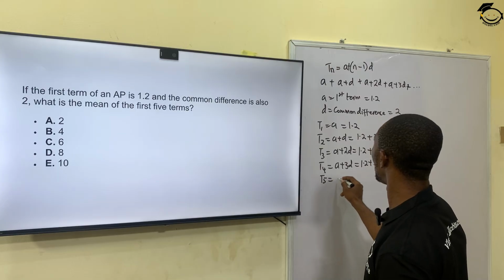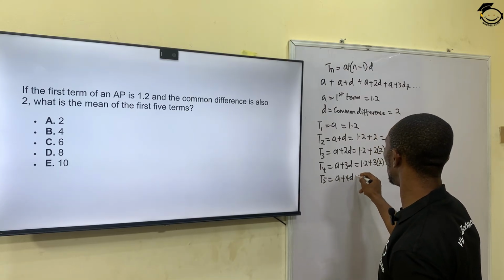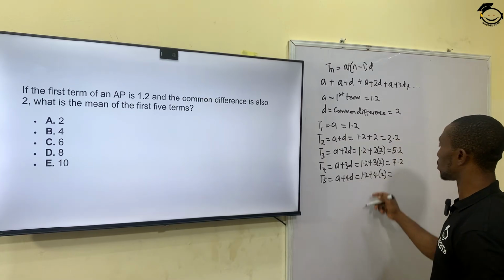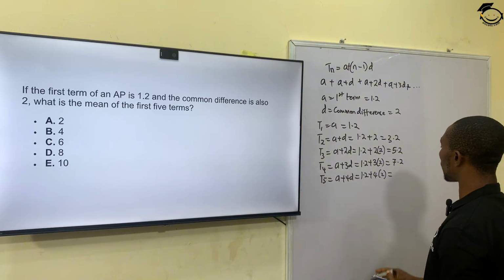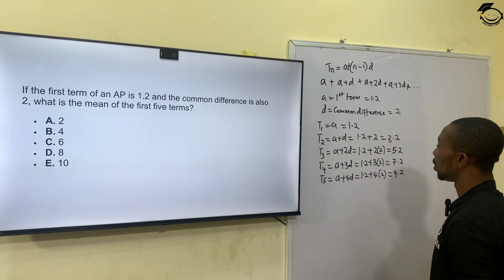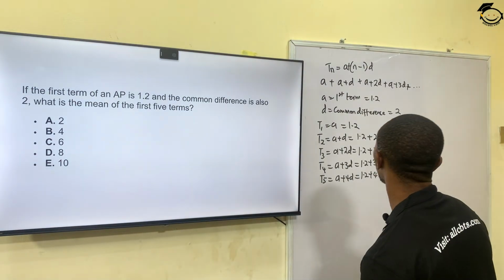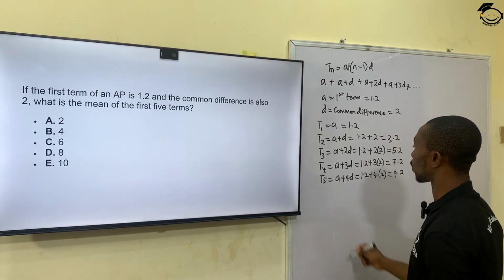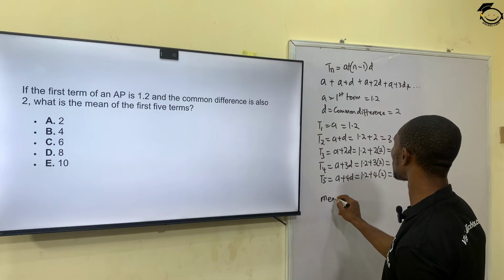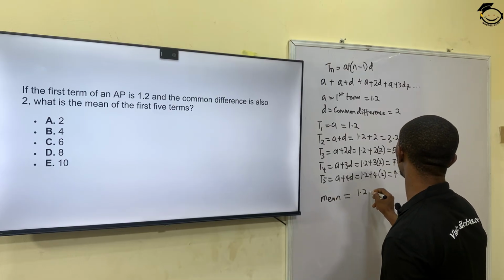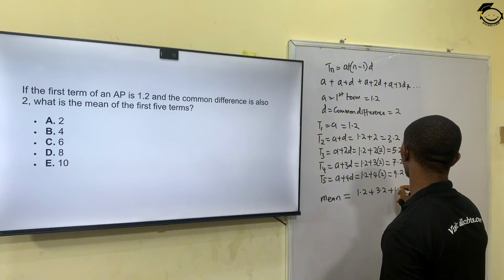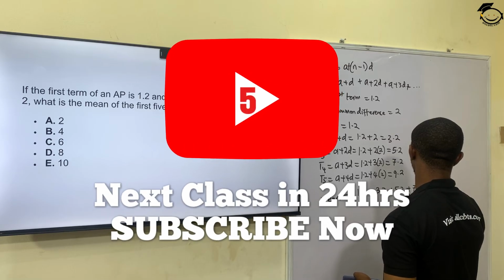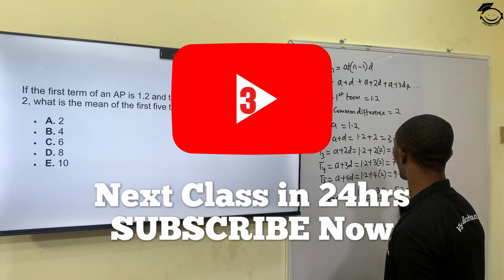And T5 will be A plus 4D, which will be 1.2 plus 4 times 2. Now 4 times 2 will give us 8. 8 plus 1.2 will give us 9.2. Now, the question says, what is the mean of the first 5 terms? Now, these are the first 5 terms of our sequence. So, for us to find the mean, our mean equals 1.2 plus 3.2 plus 5.2 plus 7.2 plus 9.2 divided by 5.